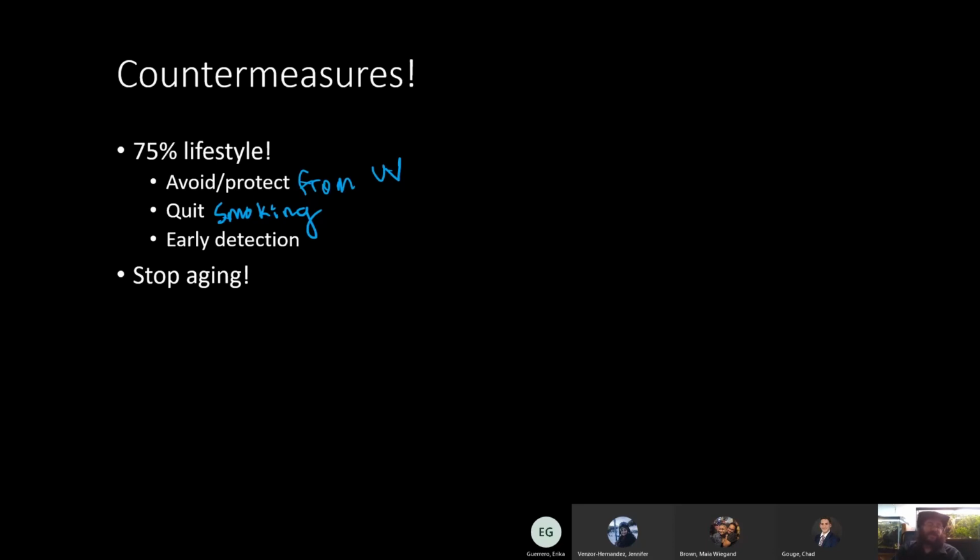Stop aging is a great way. By the way, in addition to following the doctor-advised stuff, if you have a danger sign, maybe go see a doctor. Go to a doctor if something irregular is occurring in your body.